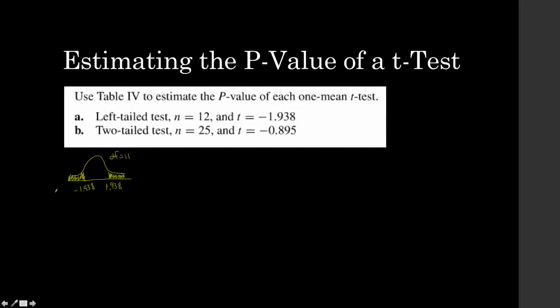The first thing you're going to tell me is, Mr. Francis, 1.938 is not there. And you are correct. But these two are. 1.938 is in between 1.796 and 2.201. Okay?